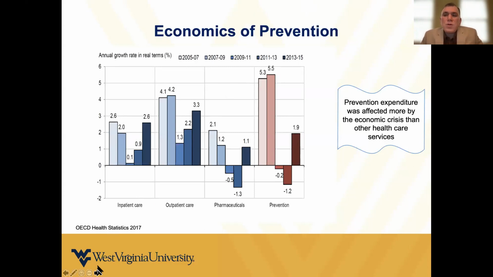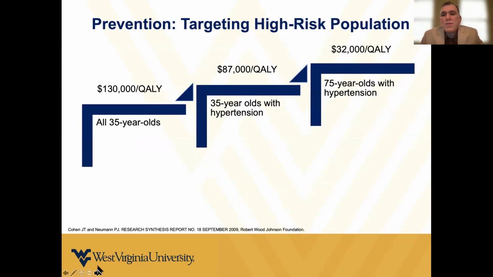Now, there are ways where we can use the resources very efficiently. Next slide, please. I have a couple of examples. I did not include one specific piece of information on this slide: prevention, especially targeting high-risk population with diabetes.